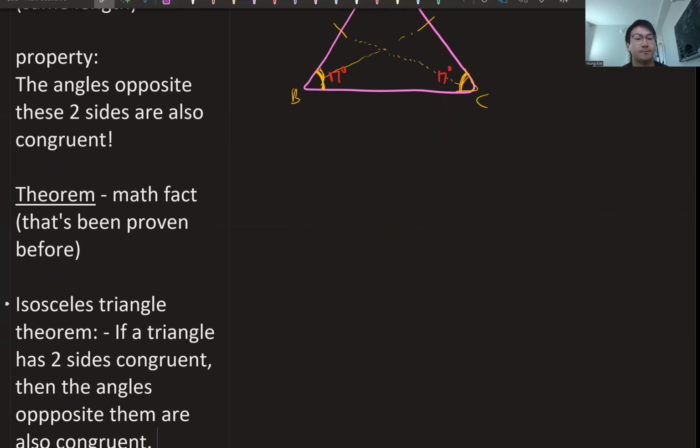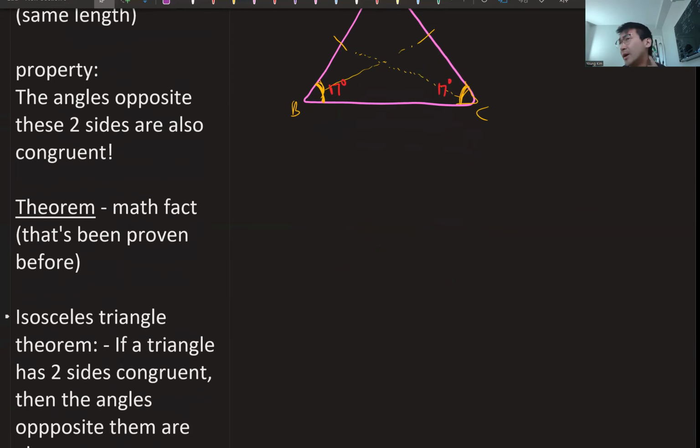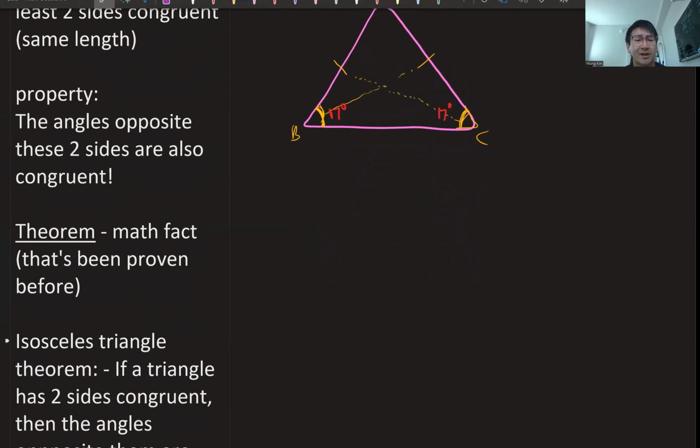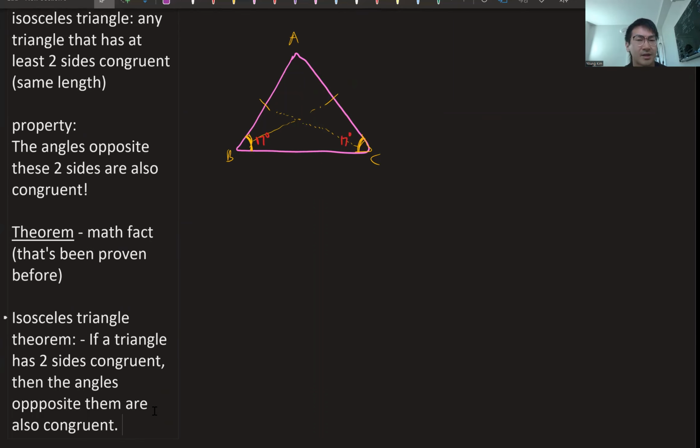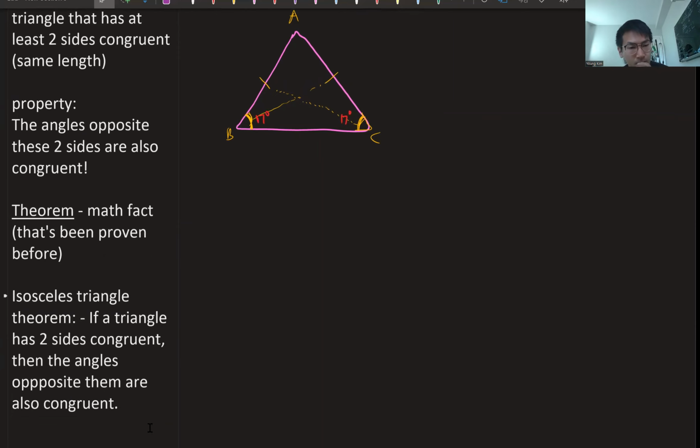You could also say this another way: an isosceles triangle has at least two sides congruent, and the angles opposite them are sometimes called base angles.